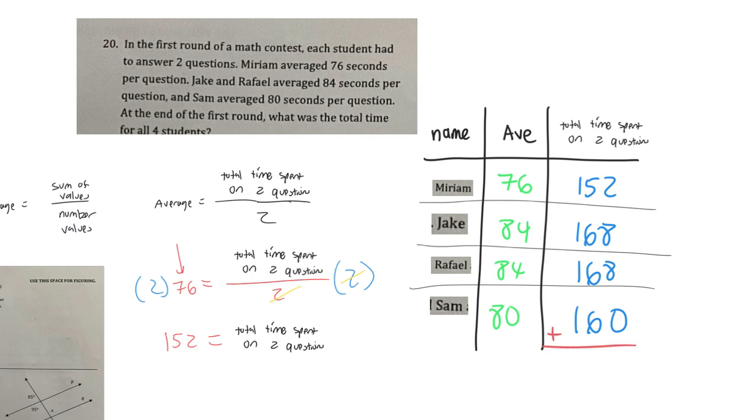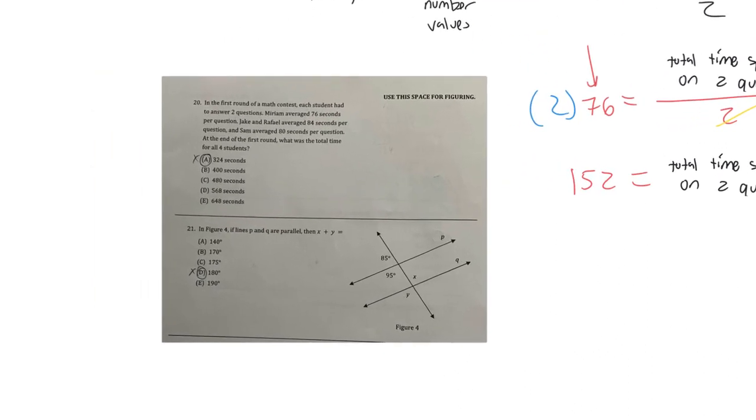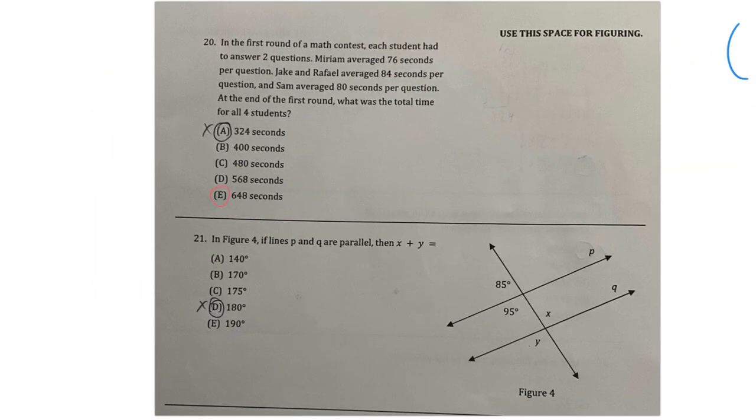When we add these, we get 2 plus 8 is 10 plus another 8 is 18. Carry that. 6 plus 6 is 12, plus another 6 is 18. 18 plus 6 is 24. Carry this 2. And then we're looking at 3, 4, 5, 6. So we're looking at 648. So that should be the answer. 648 is right here.